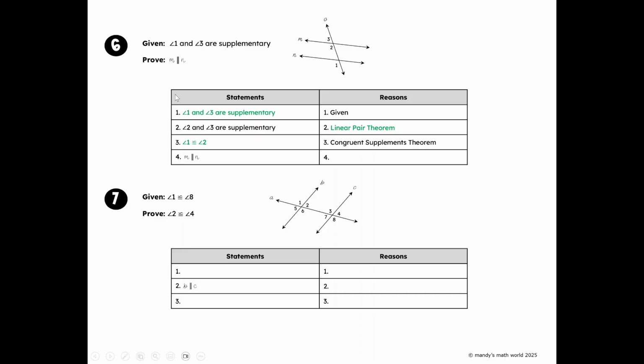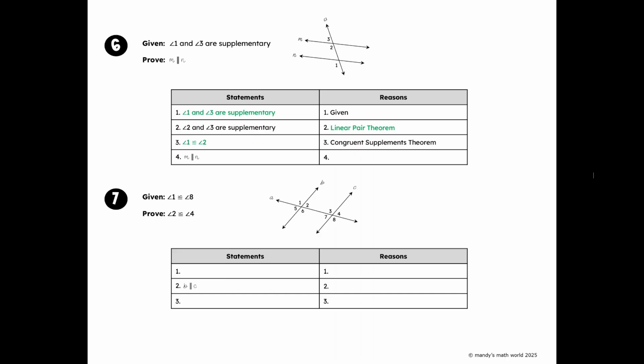So because angle 1 and 3 are supplementary and angle 2 and 3 are supplementary, then that means angle 1 is congruent to angle 2 by the congruent supplements theorem, which we have talked about in a previous lesson.